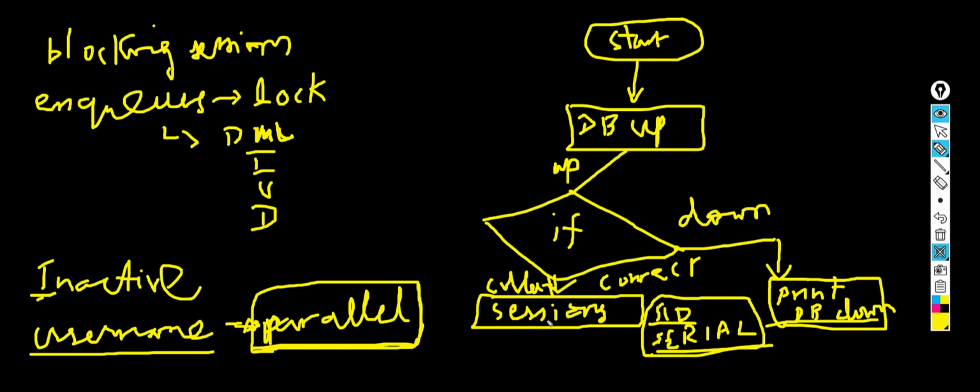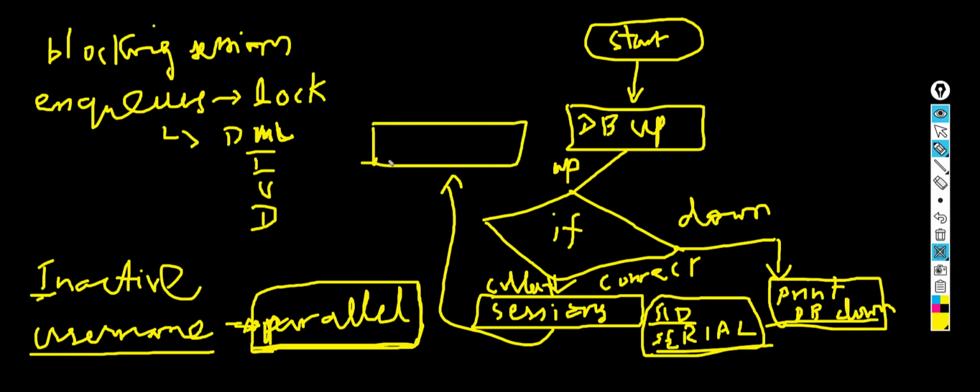Okay. So once we collect the SID and serial number, then what? Let me just write it over here. So if we collect the SID and serial number, then we need to create a script, the kill script.